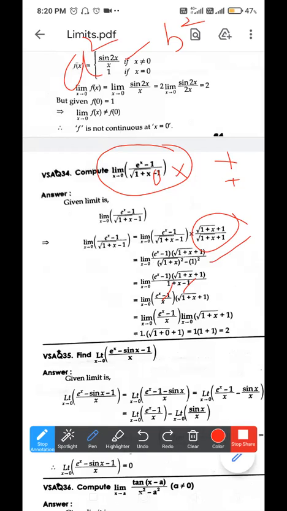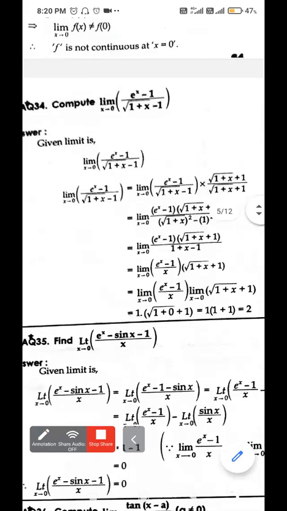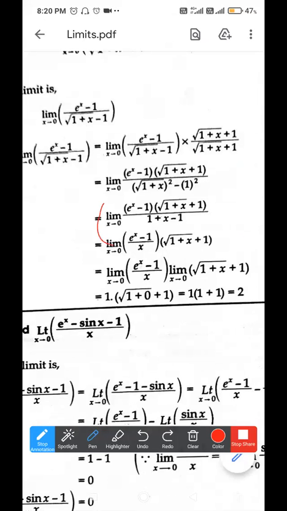Then just apply the formula. Just separate limit x tends to 0 of this, then separate this one also. So limit x tends to 0 of e power x minus 1 by x is equal to 1.